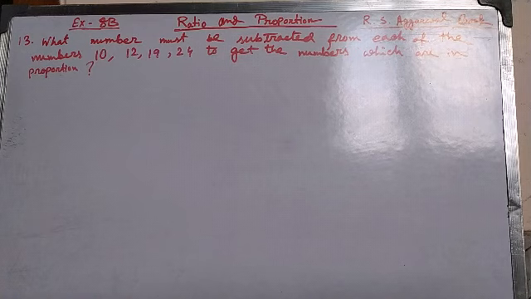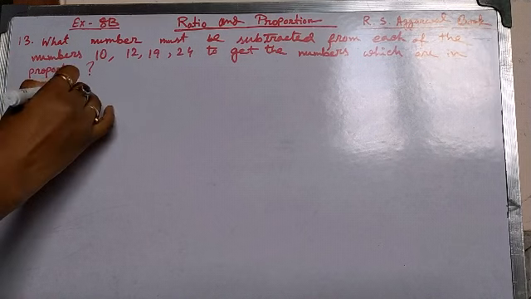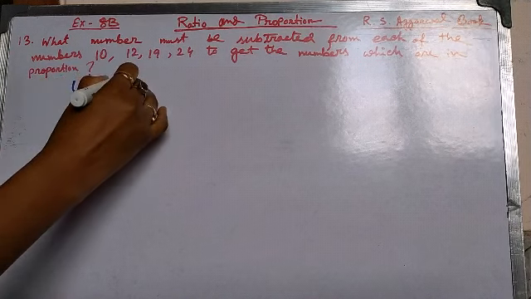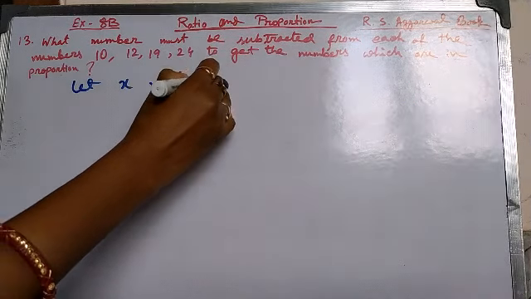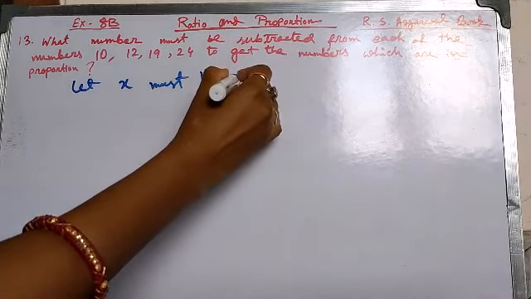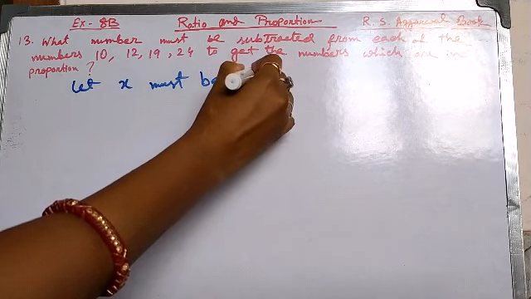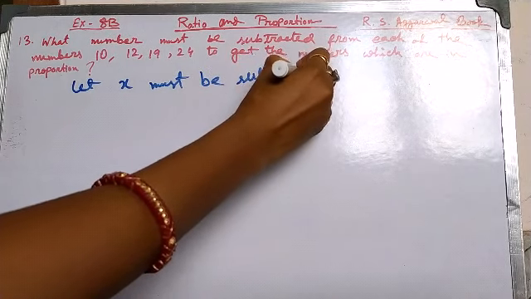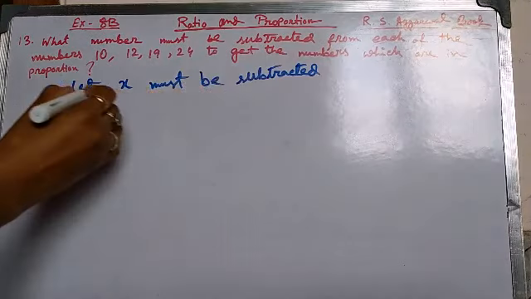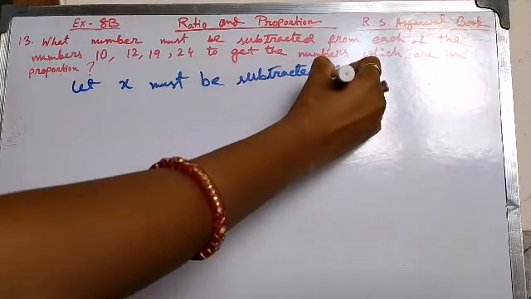Now question number 13. What number must be subtracted from each of the numbers 10, 12, 19, 24 to get the numbers which are in proportion? So what number must be subtracted? That means let x be subtracted from the numbers.